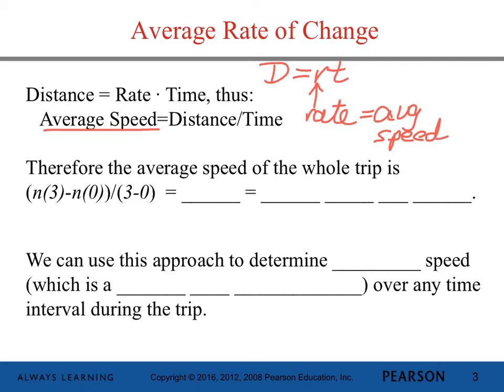So if you solve this formula for rate, then rate is equal to distance divided by time. R equals D over T.